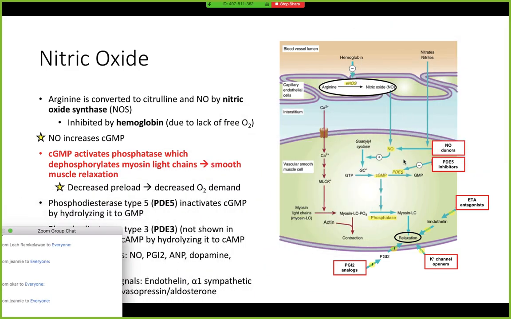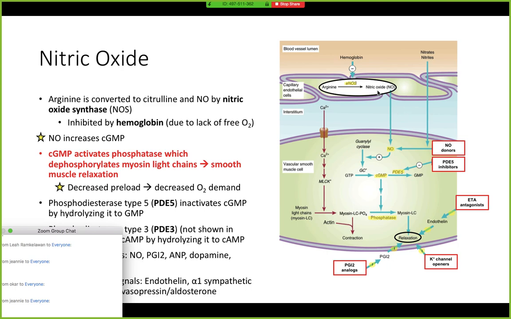And this is what I was talking about, what they really like to test you on when they talk about the erectile dysfunction drugs: this physiology right here. So in the endothelial cell of the blood vessel lumen, you have nitric oxide synthase, and it's going to convert arginine to citrulline and nitric oxide.